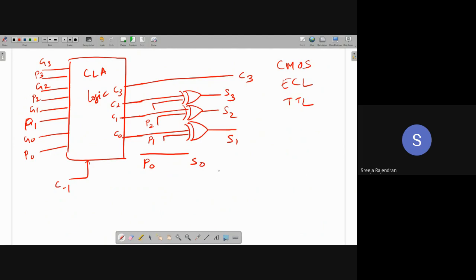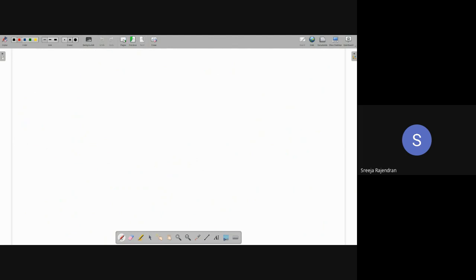I have mentioned this once before: this is my NAND gate, and I draw my NAND gate like this. But if I represent it at the transistor level, it is going to be like this. The transistor is the basic building block with which we make gates. That is one level lower, and we are not going to that level of abstraction.